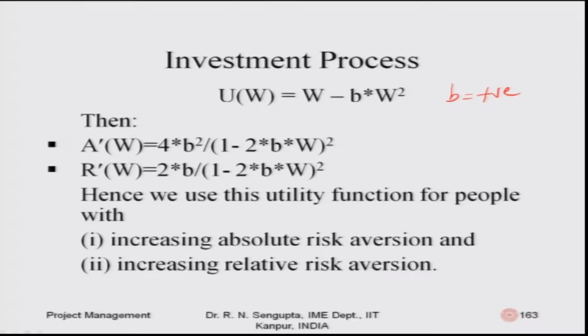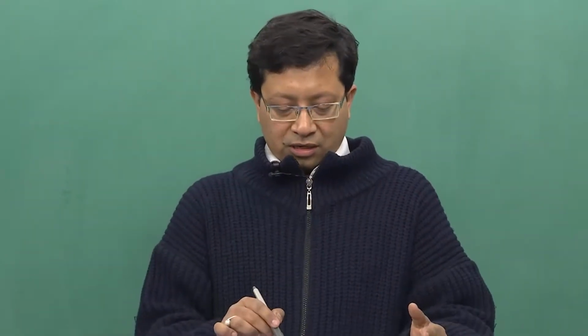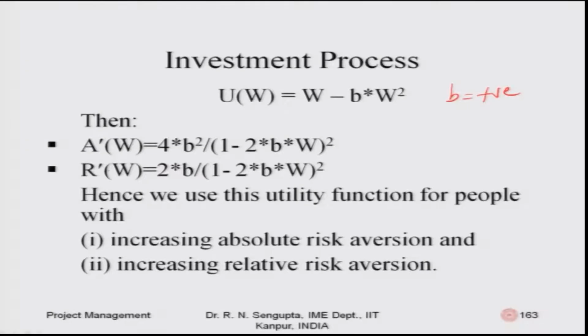If b was negative, consider hypothetically, then a prime would always be positive because it is a square, so it will always have an increasing absolute risk aversion property. But if b was negative, then the numerator on the right hand side for r prime will be negative, hence it would have a decreasing relative risk aversion property.